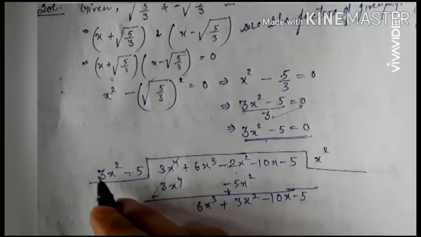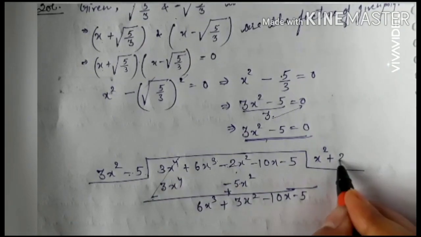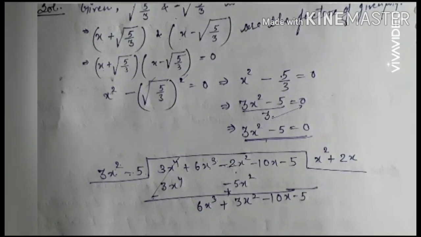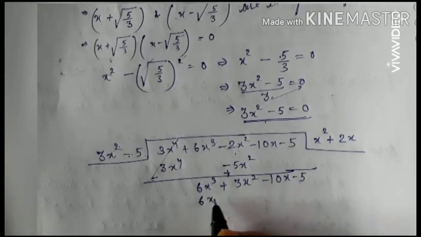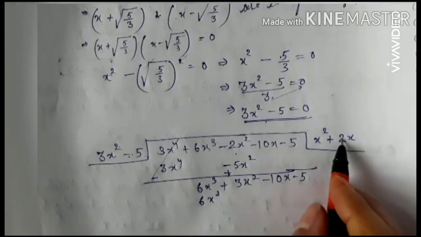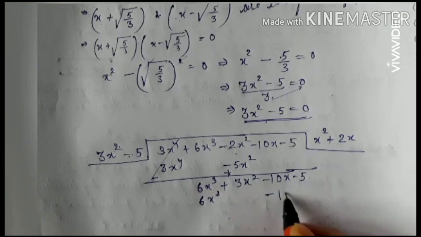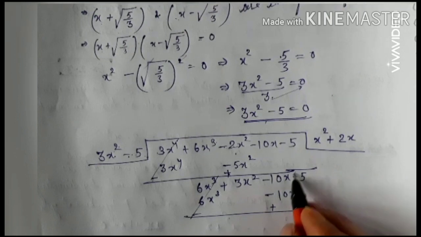Now 6x cube: 3x square times 2x is 6x cube, so we need 2x here. How many x do we need here? Only 2x. So 3 times 2 is 6x cube, and 5 times 2x is 10x. That means we will write here minus 10x. Again the sign changes, these get cancelled out. This is also cancelled out.